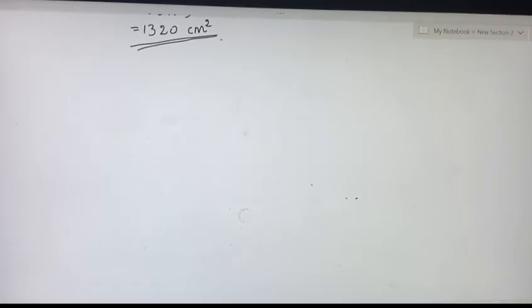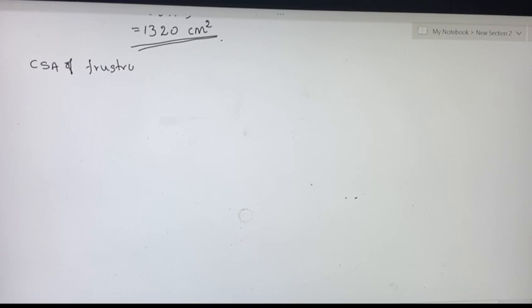Okay, so now we know the value of CSA of cylinder, that is 1320. Now we need to find the CSA of frustum. So I'll write the formula first. What is the formula for CSA of frustum?